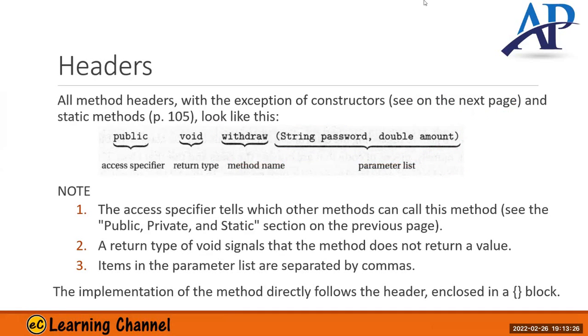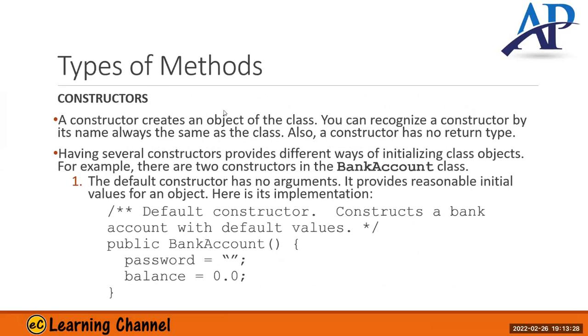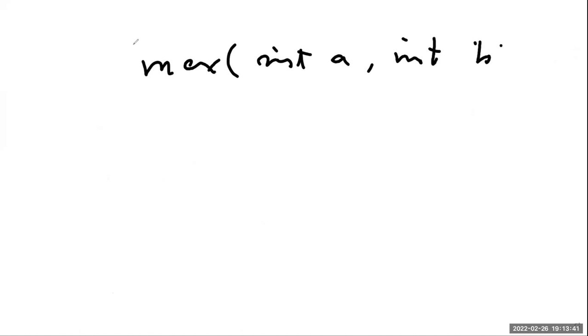Basically, let's assume that we have a maximum function. We try to find the maximum. So this maximum function would have an integer A and integer B. This is one maximum function.